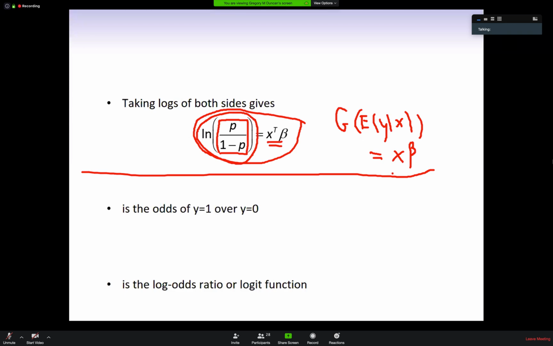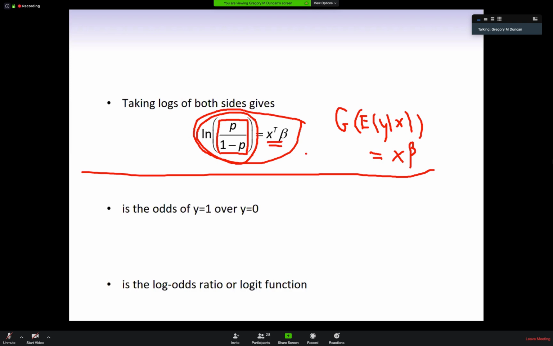If g were the identity, that would just be the expected value of y given x equals x beta. That would be a linear model. This is some function of the expected value is x beta.